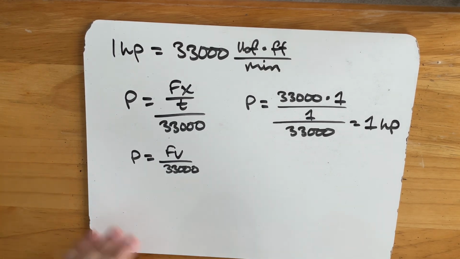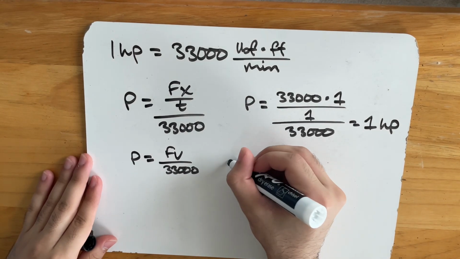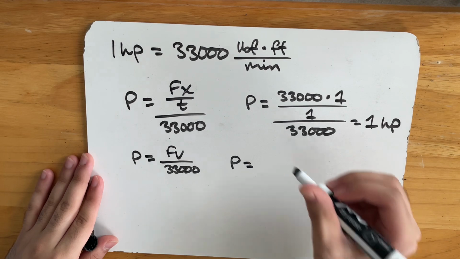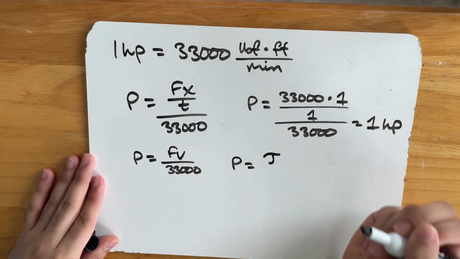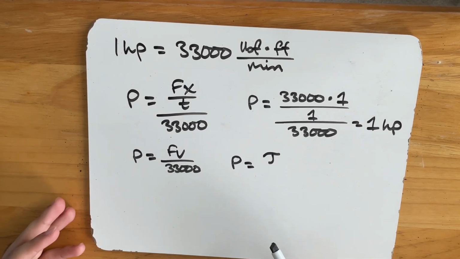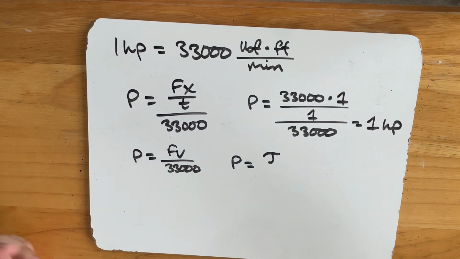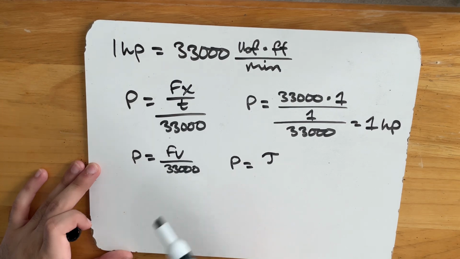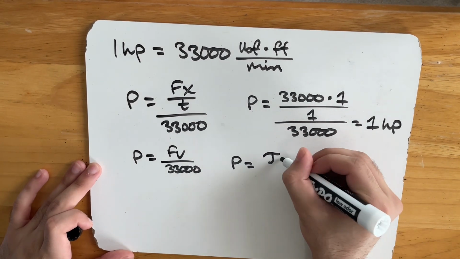That's pretty easy to do, because the rotational analog of force is torque. This is tau for torque. Torque is measured in pound force feet, right? And our linear velocity gets translated into rotational velocity, omega.